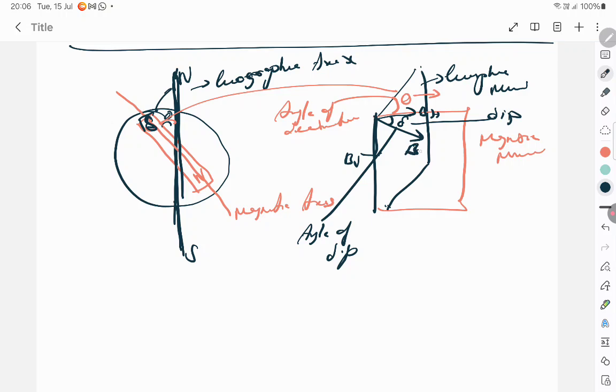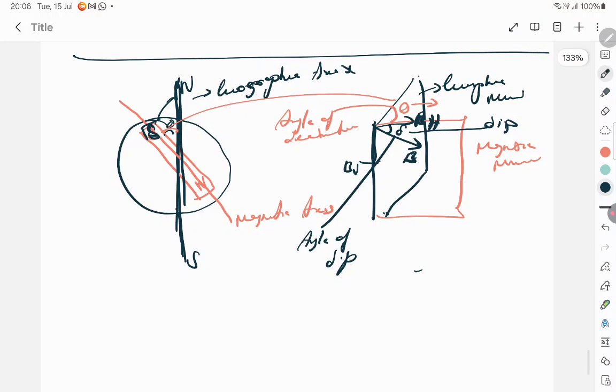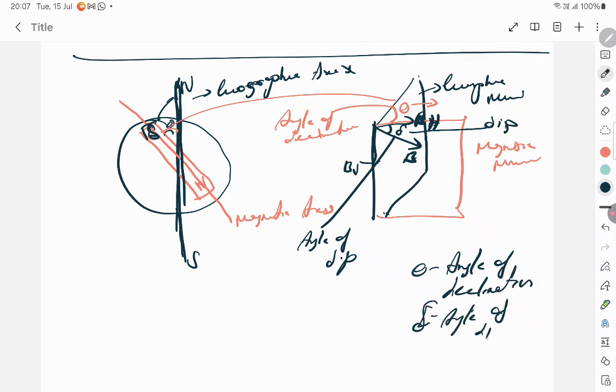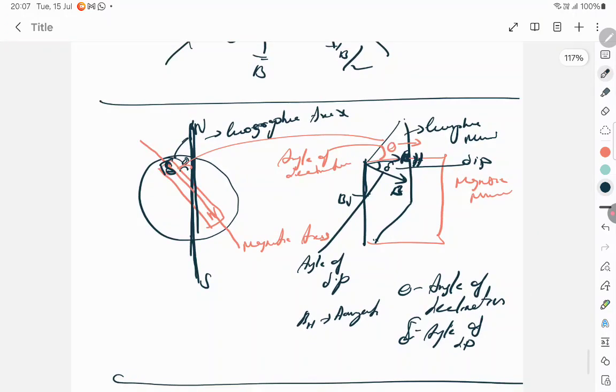This is called the resultant magnetic field. This is called the horizontal component of the Earth's magnetic field. So the various components, very important: theta is the angle of declination, delta is the angle of dip, and BH is the horizontal component of the Earth's magnetic field. These are the various things you should know.